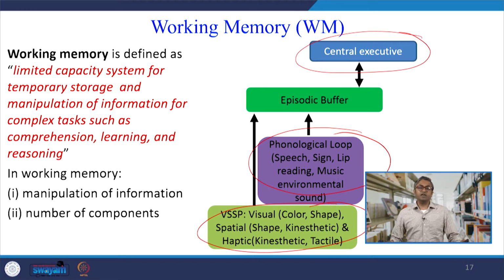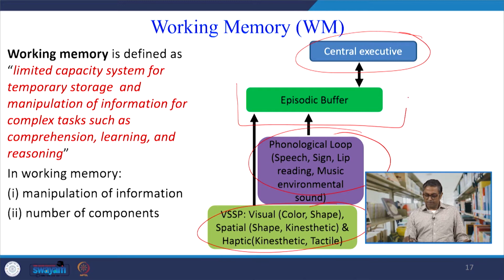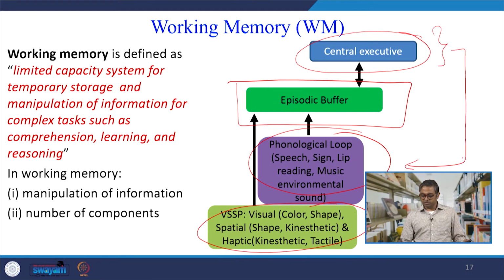But 25 years later, when they had the chance to modify this model, they added a component, the episodic buffer. They believed that the central executive system is not processing all the information it receives from the phonological loop or the visual spatial sketchpad.